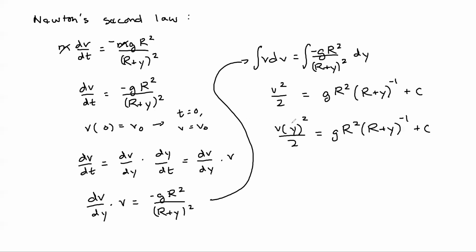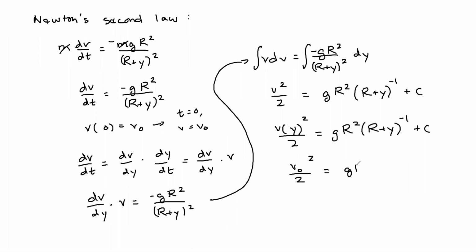So if the velocity is v naught at launch, at time equals 0, you're also on the surface of the Earth, which is when y equals 0. So we can plug in 0 for y, and that's going to end up getting us v of 0 being v naught. The velocity when time equals 0 is also the velocity when y equals 0, when you're on the surface of the Earth. And then from there, you can just solve this.